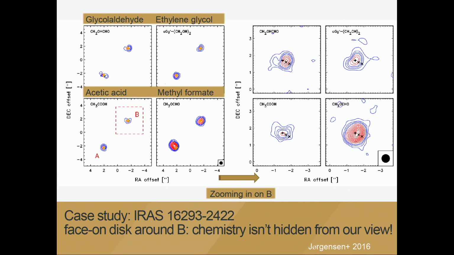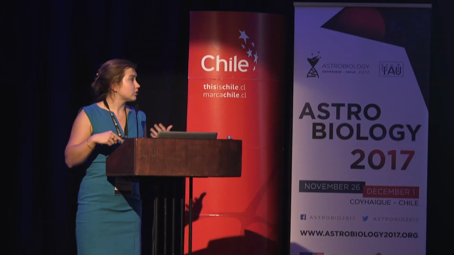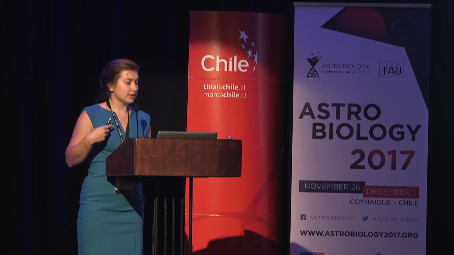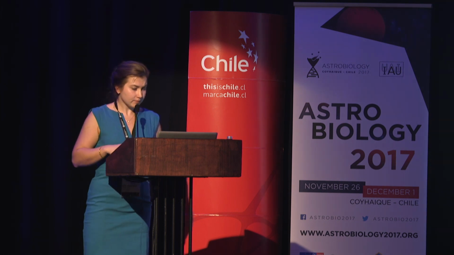So what you can immediately see from here is that there is already chemical differentiation between the two sources in terms of the spatial distribution of the emission. And in fact, we're also finding that the two sources have different chemical composition, and some molecules have a higher abundance towards B or A, depending on the species.